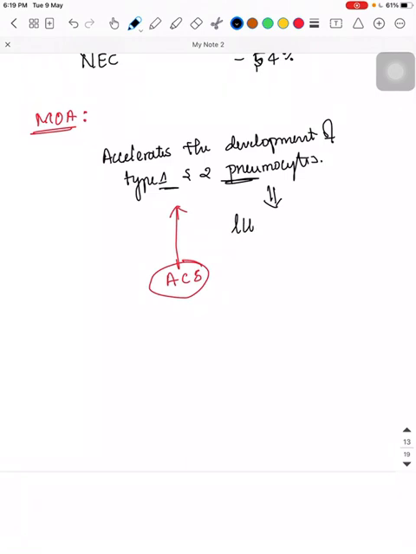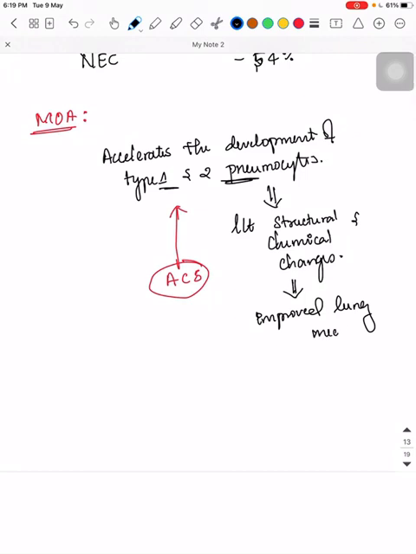So that is leading to structural and chemical changes, thereby improved lung mechanics. Okay, this is one of the mechanisms of antenatal steroids.